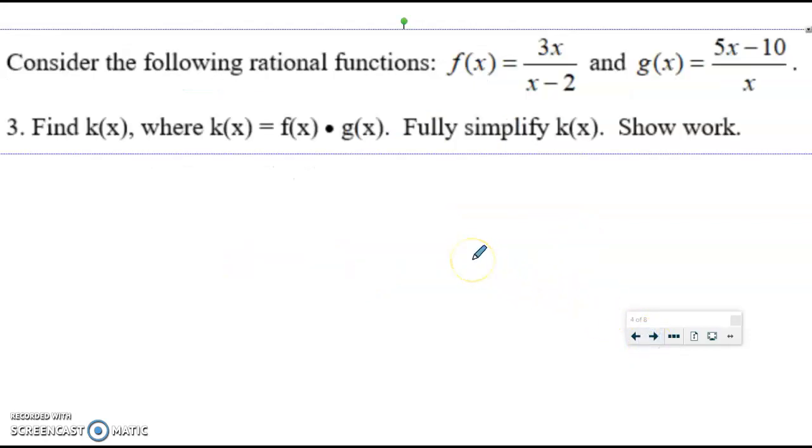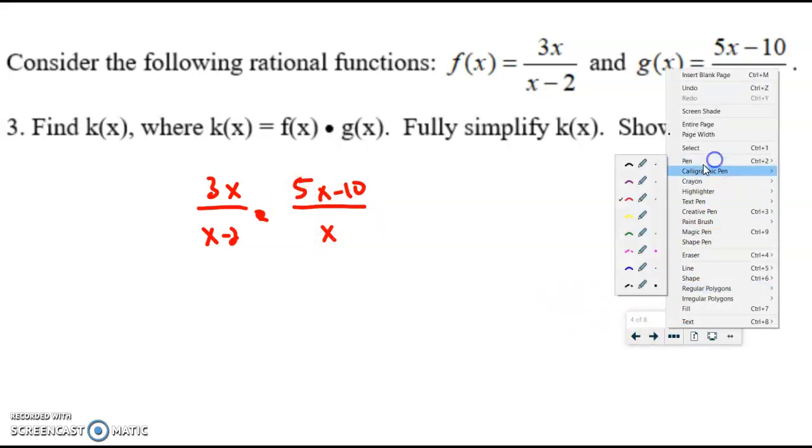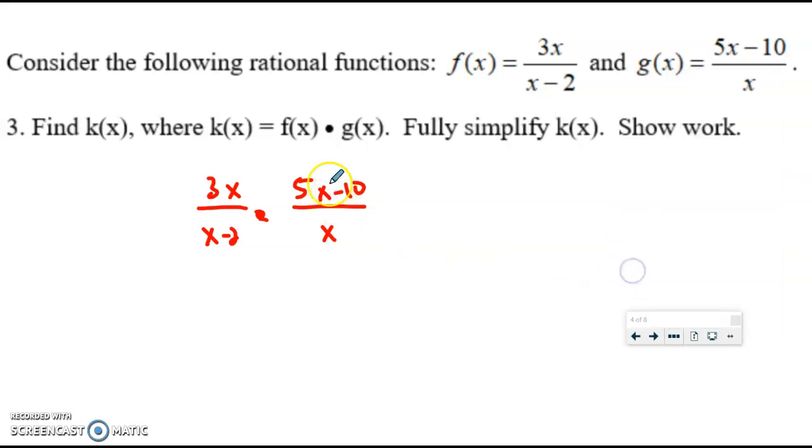So if we look at number 3, this is on page 10 of the notes that you guys got. We're going to do the same thing. We got 3x over x minus 2. That's being multiplied by 5x minus 10 over x. And one of the things that I like to do, just to help make simplifying a lot easier, is anytime that I can factor an expression, I'm going to try to do that.